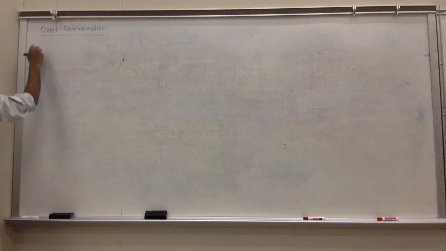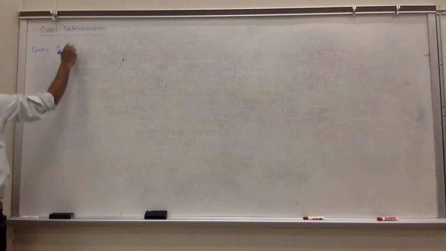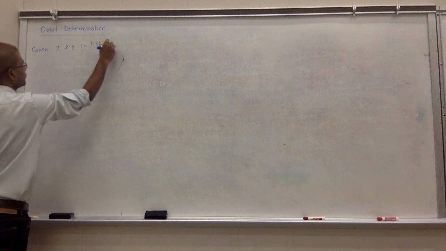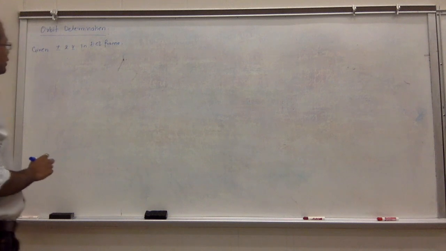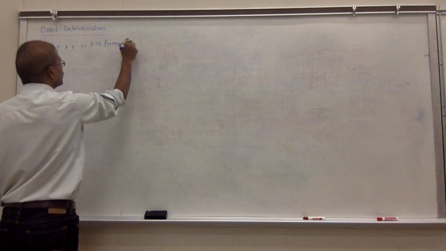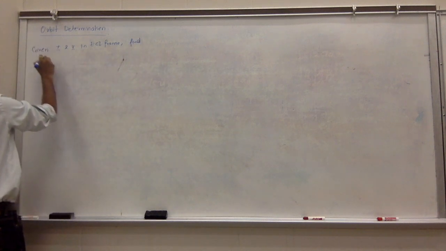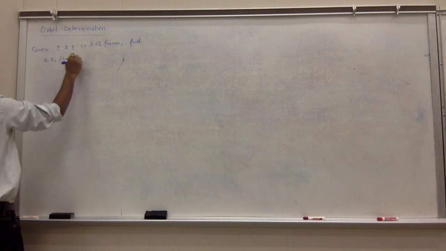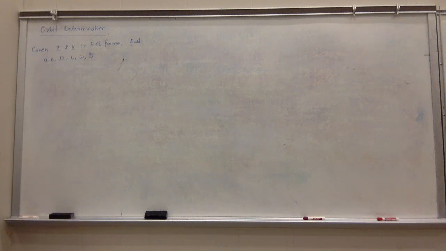Given R and V in the ECI frame or geocentric equatorial frame, you know how to find a, e, cap omega, i, small omega, and theta. Okay.